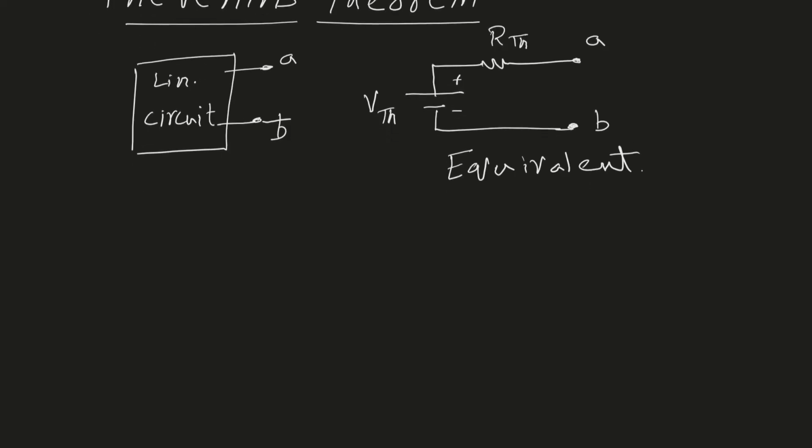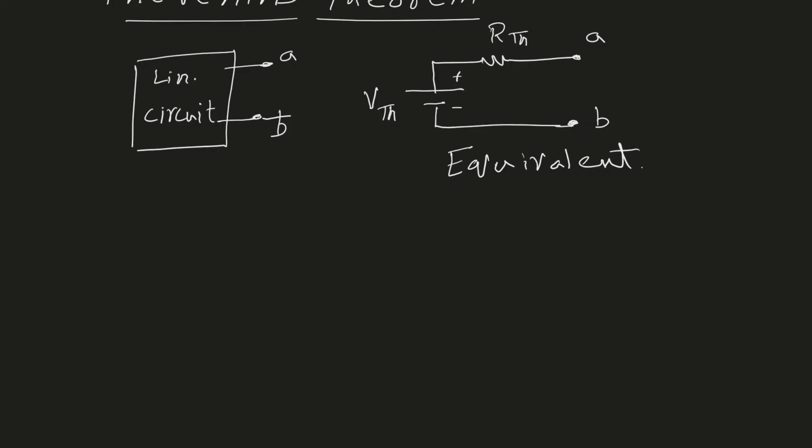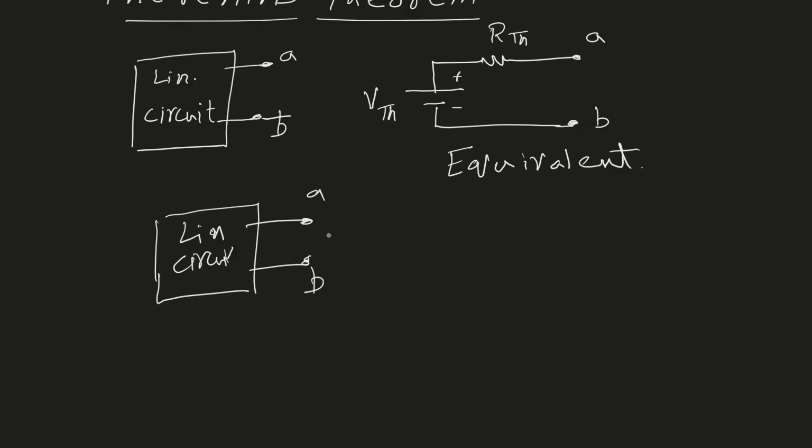So let's consider first that we keep the output terminal open circuit. So if we keep it at open circuit, we will solve our linear circuit between the two terminals A and B, keeping the terminals open circuited, and we will find the voltage at these two points, VAB.